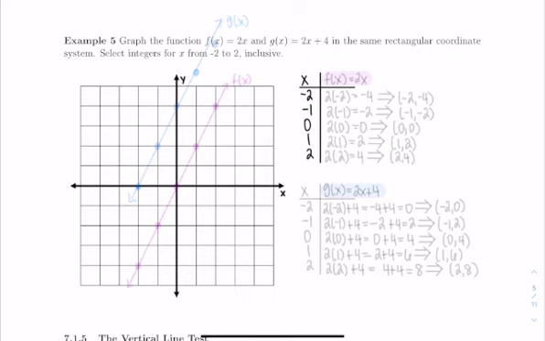And we're going to do this twice. We're going to do it for f of x, which is 2x, and then we're also going to do it for g of x, which is 2x plus 4. So plugging in -2, we have 2 times -2, which is -4.